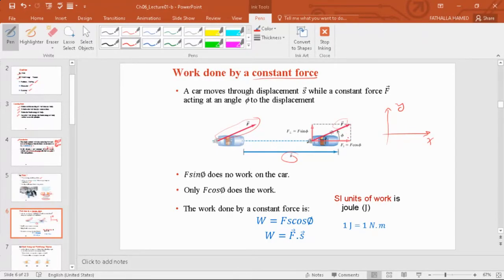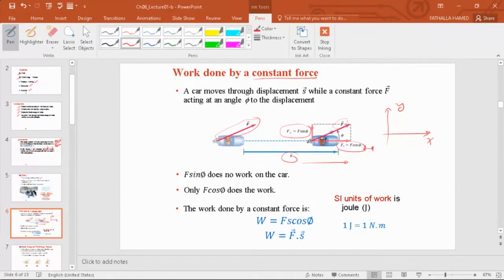Meaning, if you take components of this force, you will have an x component, which is F cosine phi, and you will have a y component or perpendicular component, which we call F sine phi. Now, since the car is moving along the x-axis, or the horizontal axis here, this component here is what is causing the work.